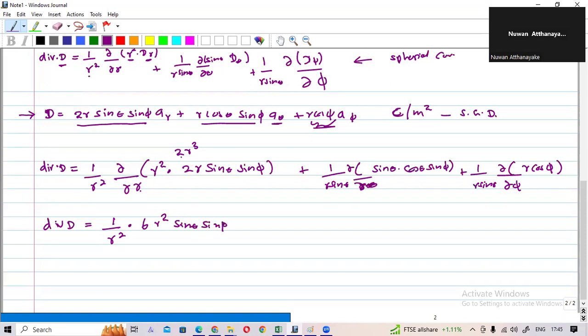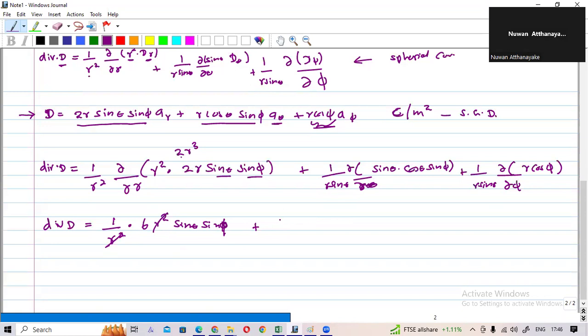When differentiating with respect to r, theta and phi are constant, so no change there. This is the first term. The r squared cancels, so it will be 6 sine theta sine phi.